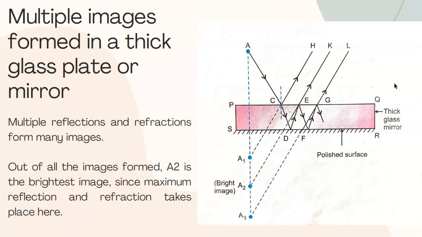Next phenomenon. If we have a thick glass plate or a mirror, as shown in the diagram, we have a thick glass plate. It is not a simple mirror, which is a very thin mirror. It is a thick mirror. Now, since this mirror has a certain amount of thickness, it becomes an optical medium through which refraction can take place.